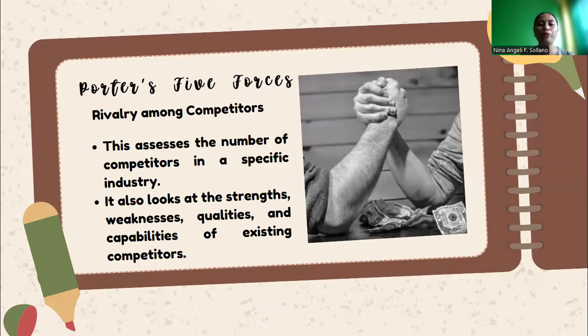So how can we know if we have competitors? By assessing the number of them and also the specific industry. In this way, we can also look at our strengths and weaknesses, and the qualities and capabilities that we and the existing competitors have.